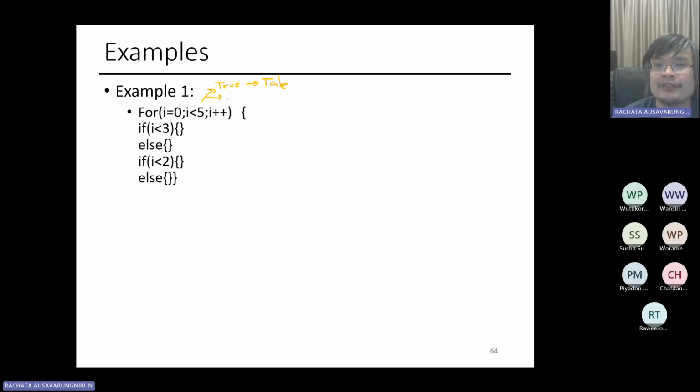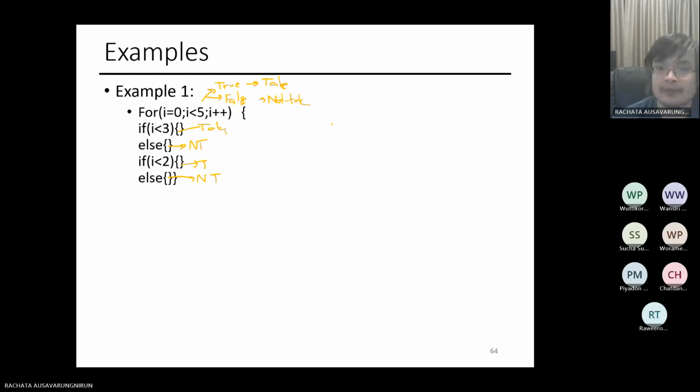If this is false, it means that I do not take. And for the if-else, this is taken. This is not taken. Again, this is taken. This is not taken.